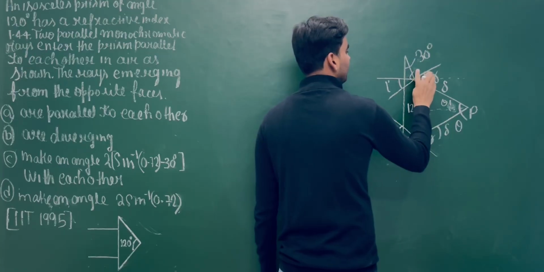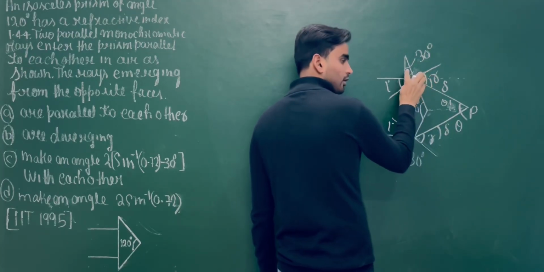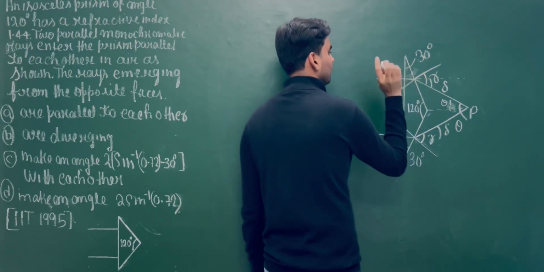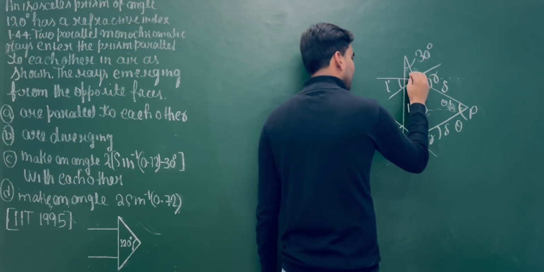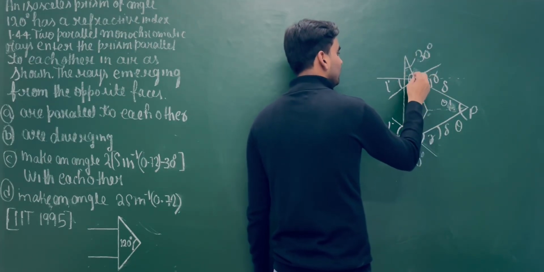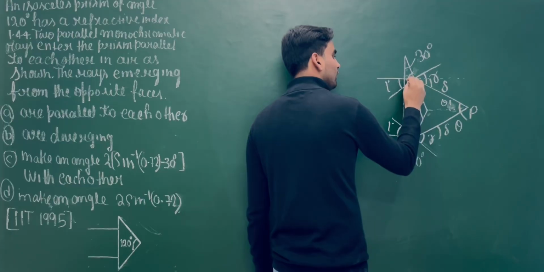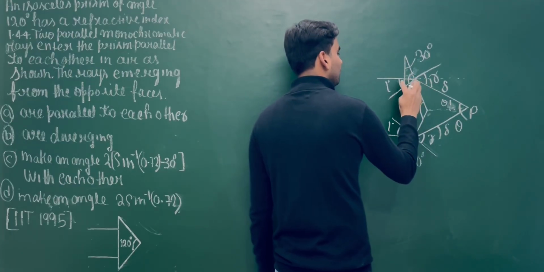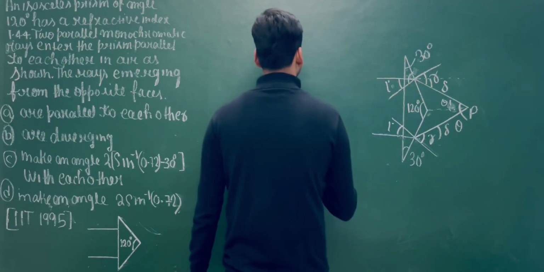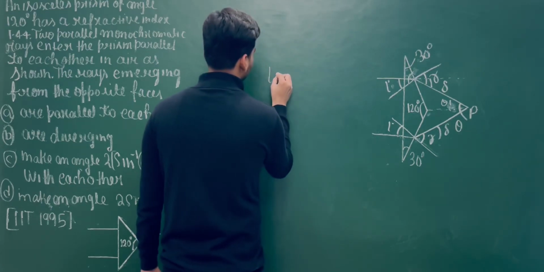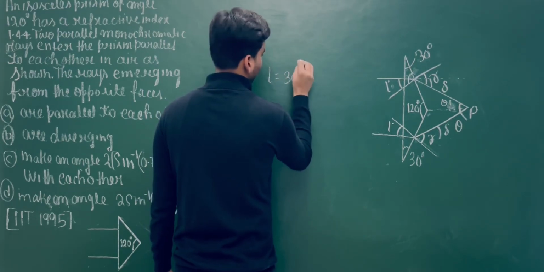This is 60, this complete is 90. This is 60, this is I. It means that I will be 30. Angle I equals 30 degree.